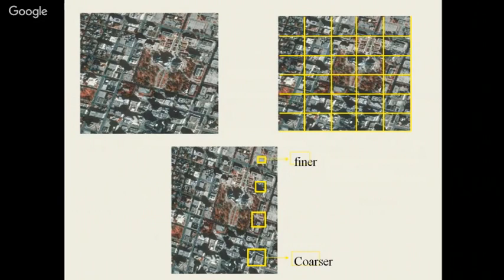In the third image, where the grid is finer, it gives us more detail about the reality. For example, in the coarser one, we have a single cell engulfing different features, so it gives us very blurred information about the reality.